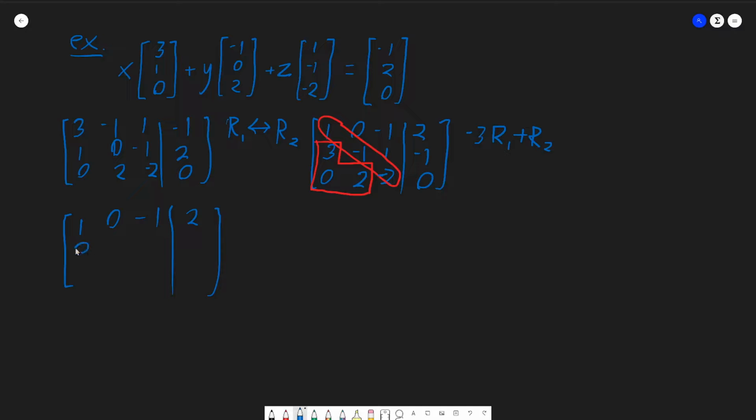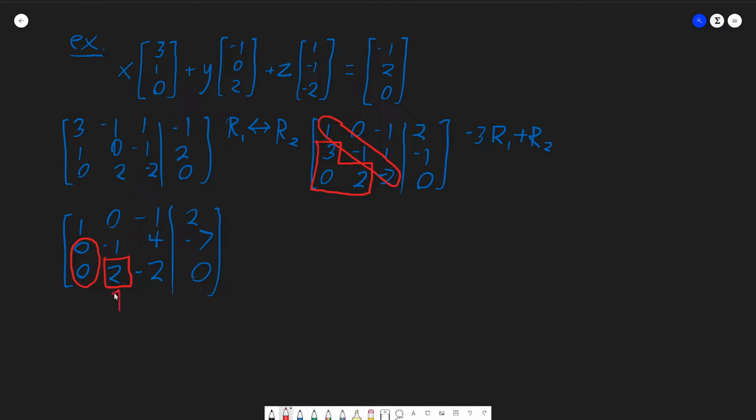The second row changes because I'm taking -3 of all the elements in row 1 and adding them to the corresponding elements in row 2. -3 times 1 plus 3 is 0. -3 times 0 plus -1 is just -1 because the 0 is unchanged. -3 times -1 is 3. I add that to 1. We have 4 here. And then -3 times 2 is -6 plus -1. That's -7. And the third row is unaffected. It was not involved in the operation to begin with. These 2 are now 0s.